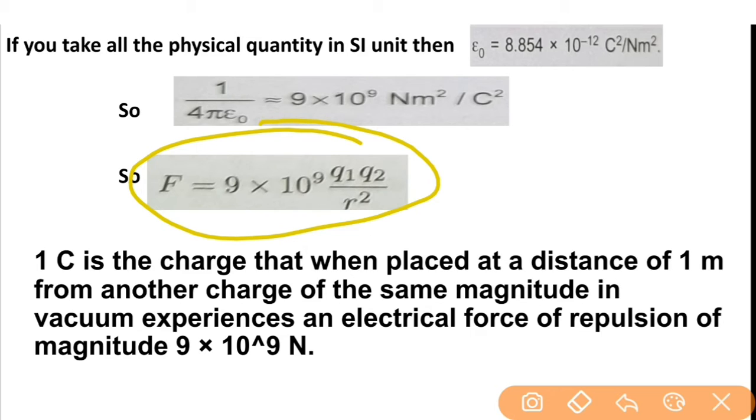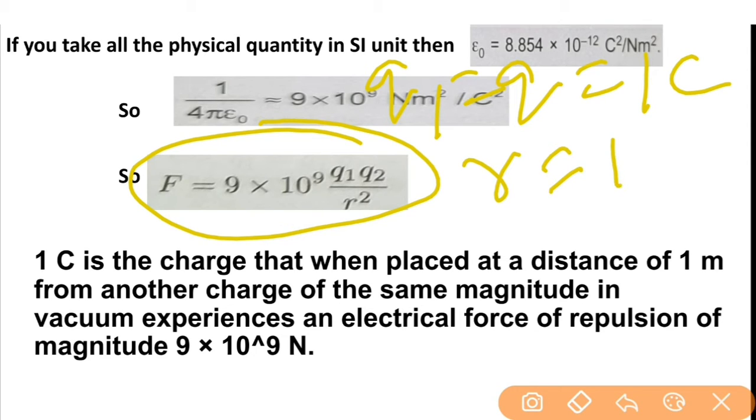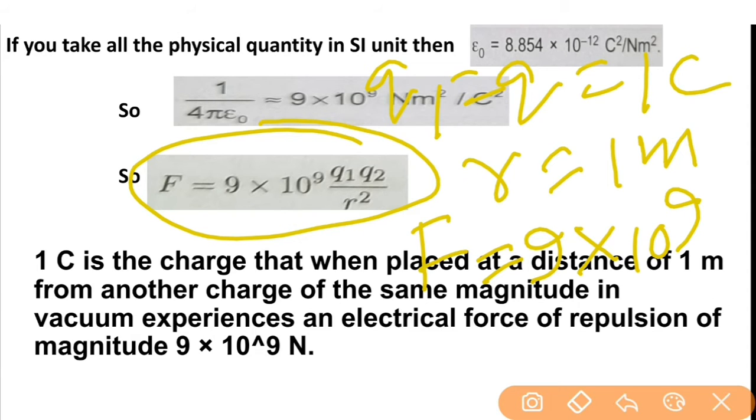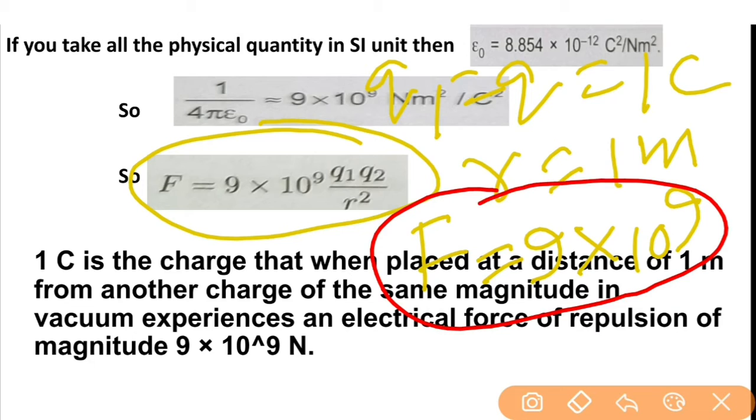For the SI system, if we consider q1 and q2 each equal to 1 Coulomb and r equals 1 meter, then F equals 9 into 10 to the power 9.